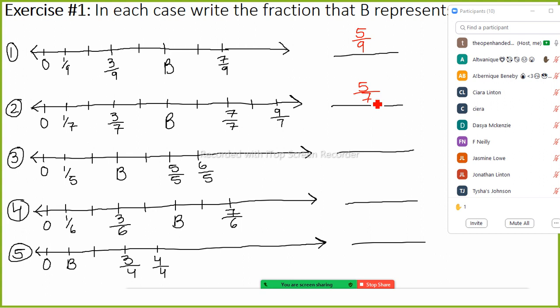No, I want Miss Neely. 3 over 5. Kiara Linton, do number 4, please. 5 over 6.